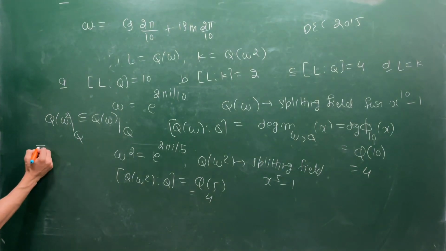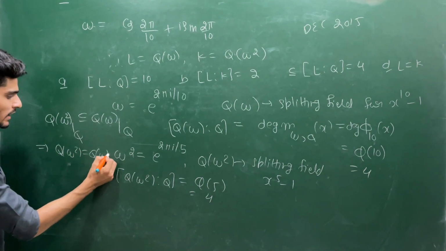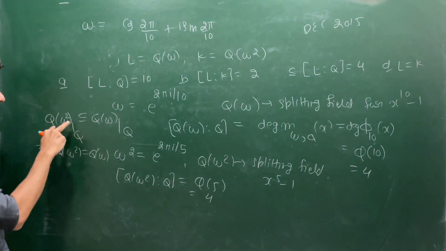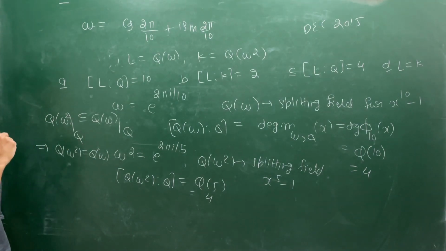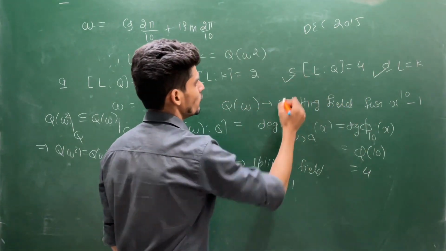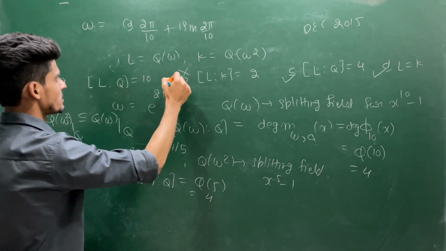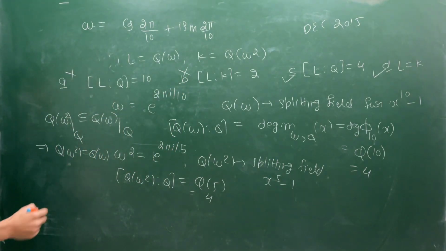So this will force Q(omega square) to be the same as Q(omega). So your L and K will be the same. L over Q will be of degree 4, L over K will be of degree 1. So option L over Q is false.